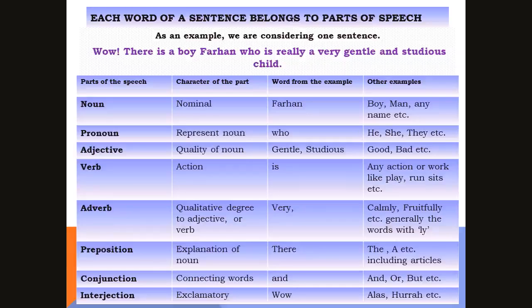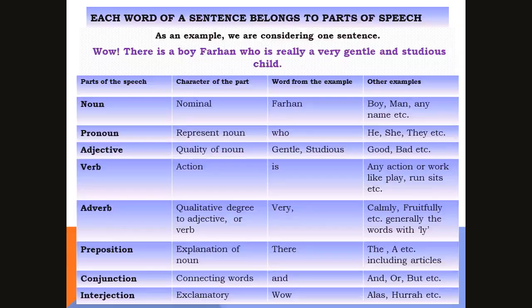Farhan is a noun, but it's a proper noun because it is representing a name of a human being. Other examples of nouns are common nouns, like boy, man, any name. These are all common nouns. You can use them for several persons or several things commonly.